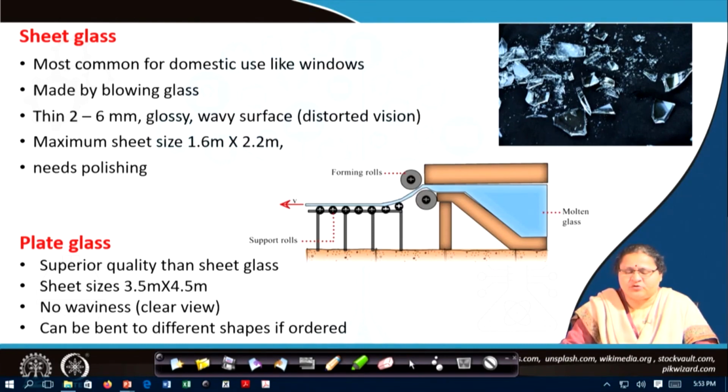These support rolls are moving very gradually and the sheet is getting cooler and cooler as it passes. If you need to bend it, you can bend it as per the desired order by placing it into a given shape while it is still in its unset form.